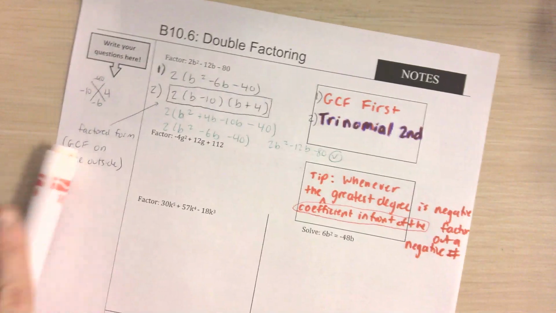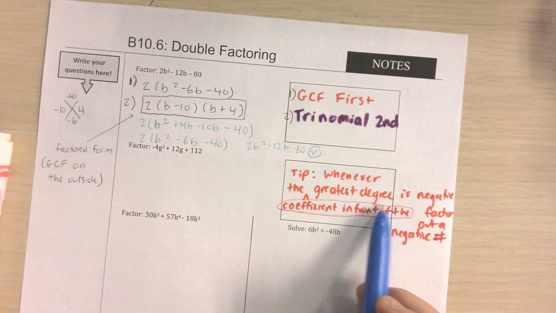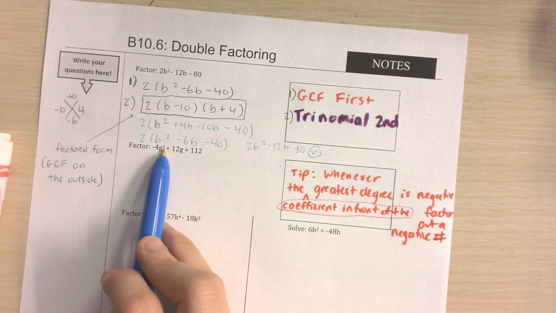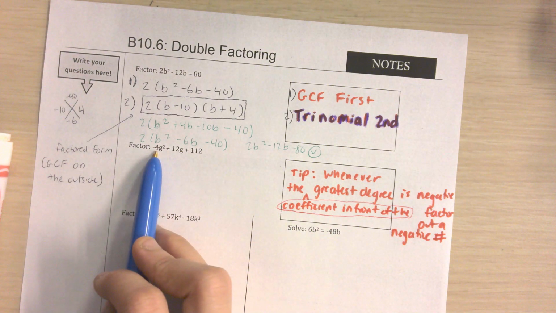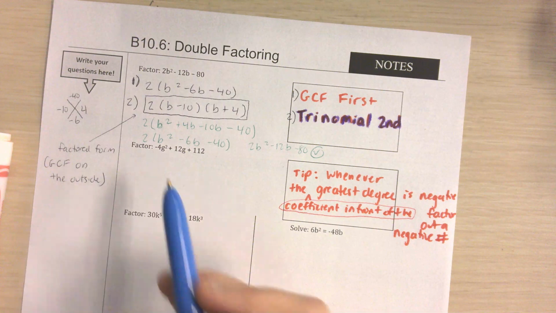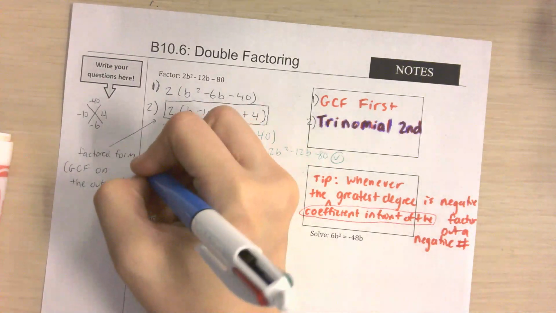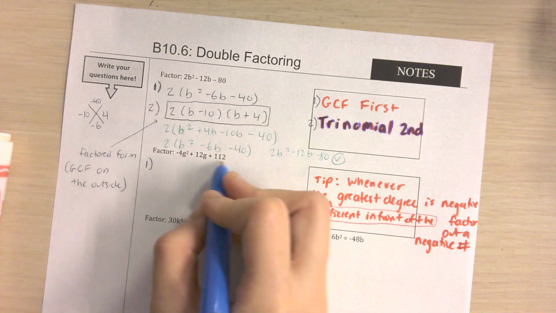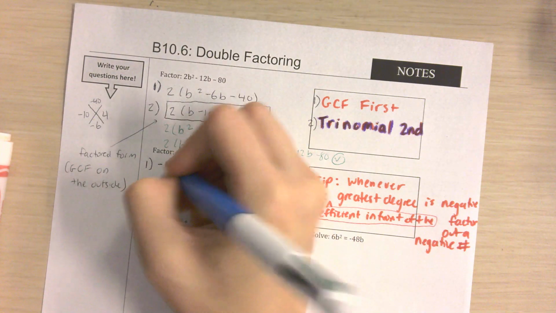Okay, so a lot of vocab in this sentence, right? Whenever the greatest degree, so here our greatest degree is 2, whenever the number in front of it, the coefficient in front of it is negative, you want to factor out a negative number. So what does that look like? We have our greatest common factors. So all these are divisible by 4, but we want to pull out -4 instead.